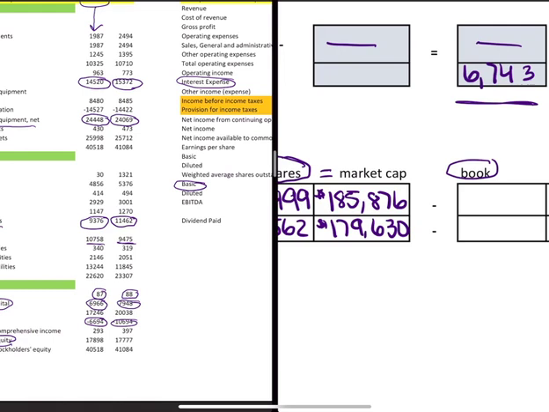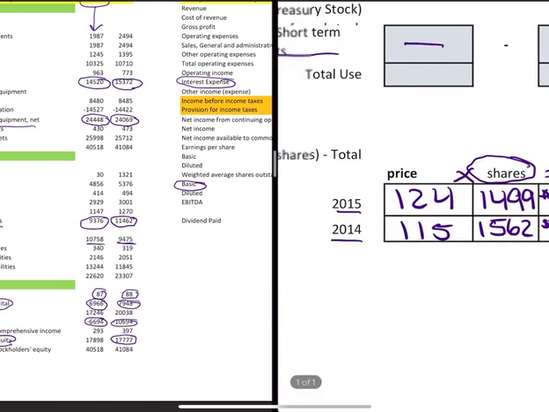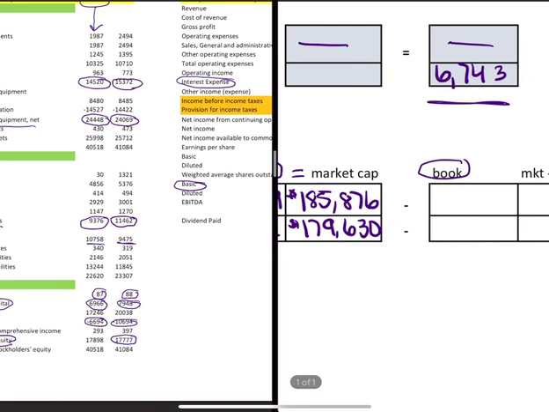So our book value in 2015 is $17,777. Which one is first? 2015. So 17,777, and 2014 was 17,898.